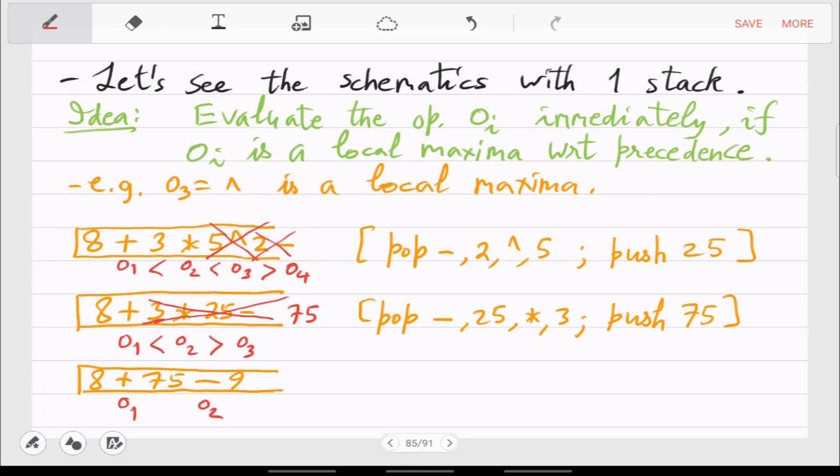So we are only changing these 3 or 4 things at the top, that's all. This stack could have been very long, so 8, 3, and then there could have been n elements or n by 2 elements, but we are not changing them. They have just been written in the hard disk. They are not being accessed. In fact, they are inaccessible, and definitely they will not be edited. Only the top 2, 3, 4 elements are being edited.